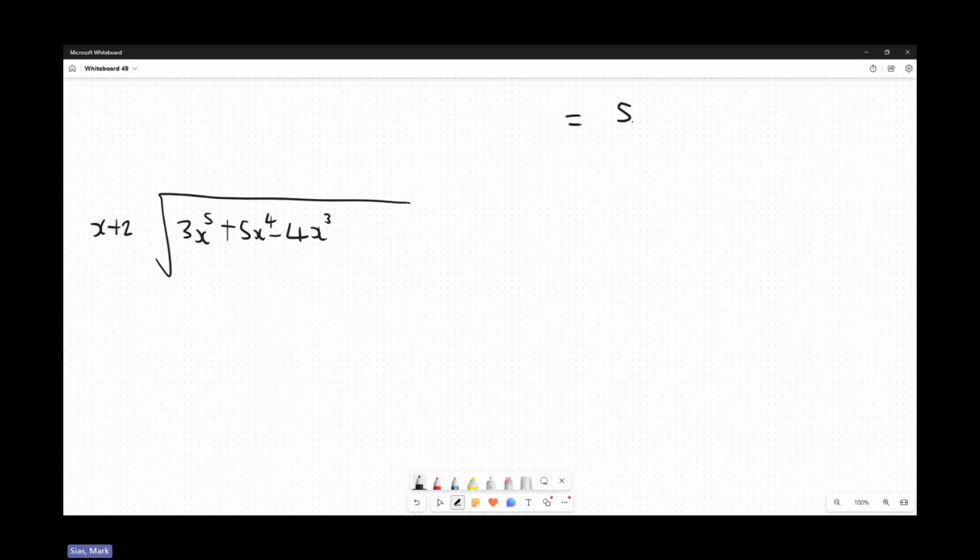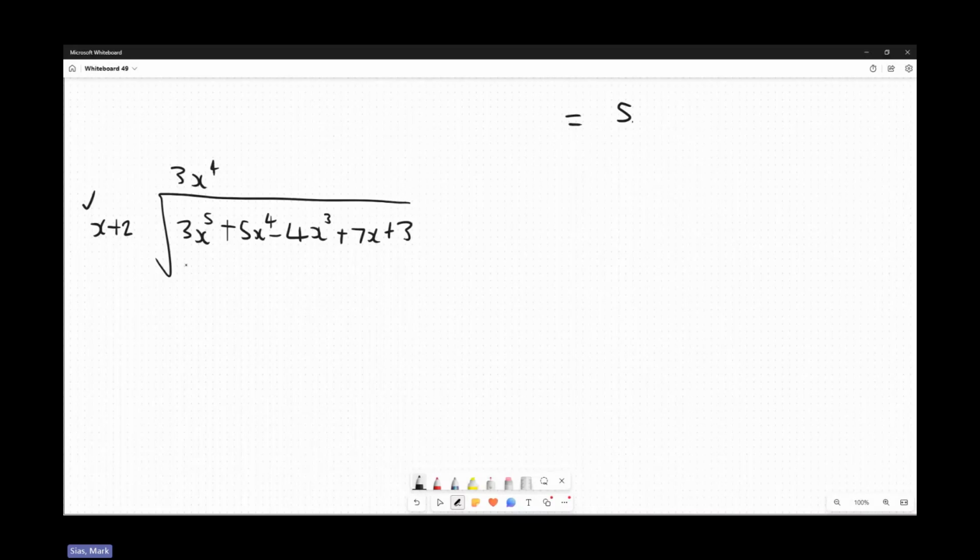Right, let's see quickly. Minus 4x cubed plus 7x plus 3. Let's do this division now. So this is quite long, but it's the same process, okay? So again, the question is, how many times does x divide into 3x to the 5? 3x to the 4 times, okay?